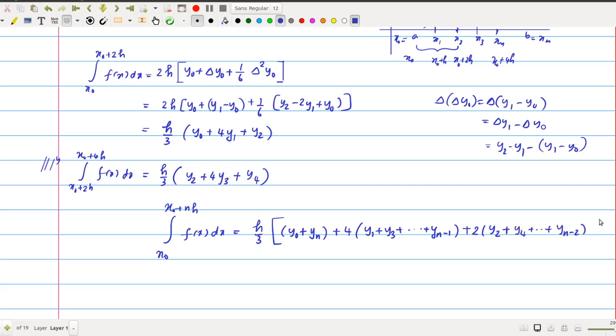So this is the formula we call Simpson's one-third rule.